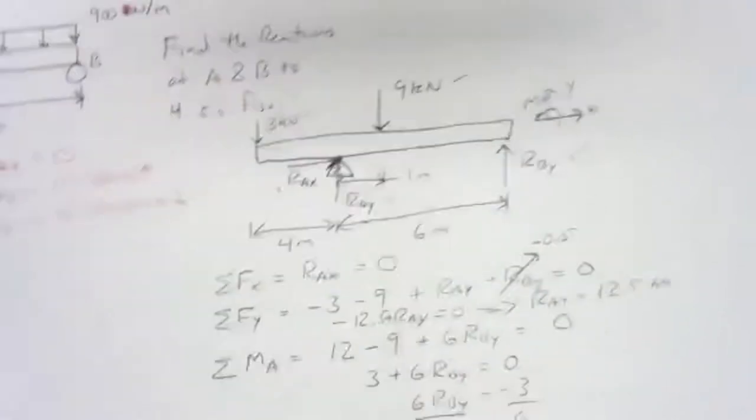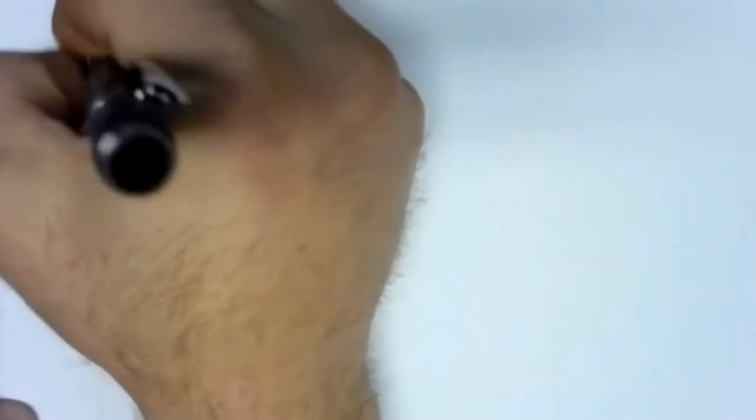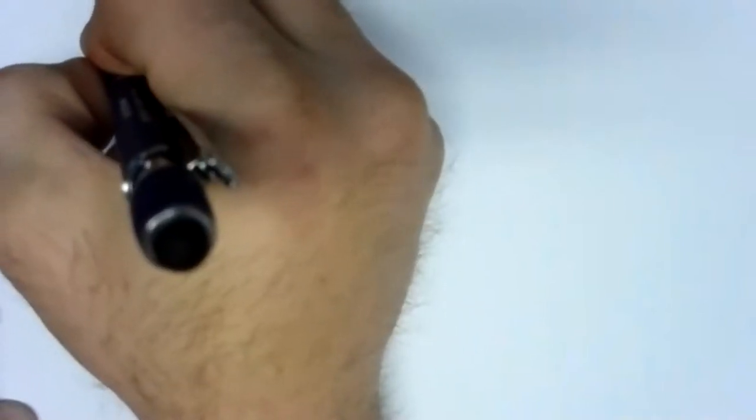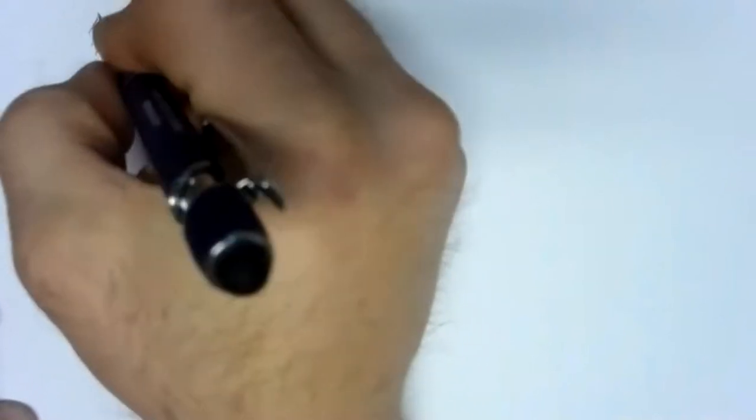All right, so let's try another one here. This one, we will have a little bit of different setup anyway, but it's, again, one of these things that looks a little different, but you can still apply your same principles to it. Let's say we've got a wall. And on that wall, there is a pinned support.